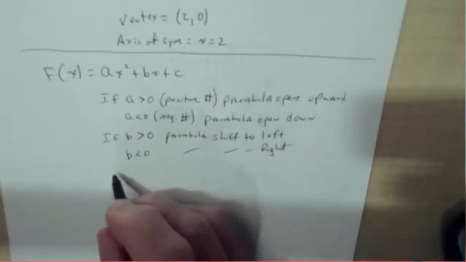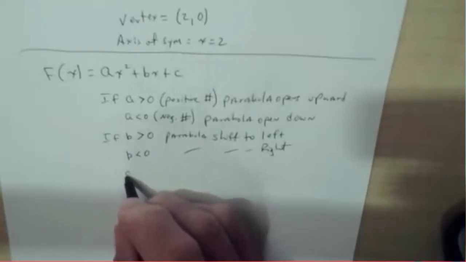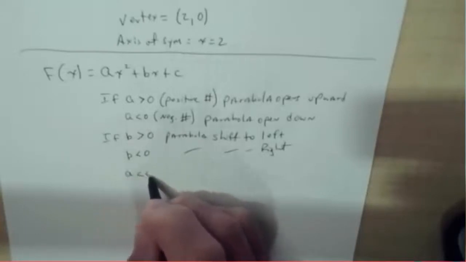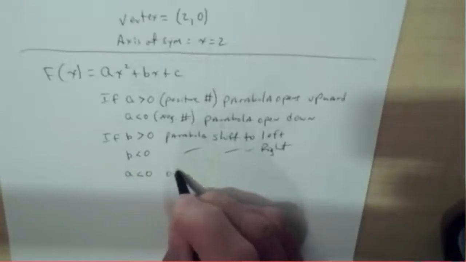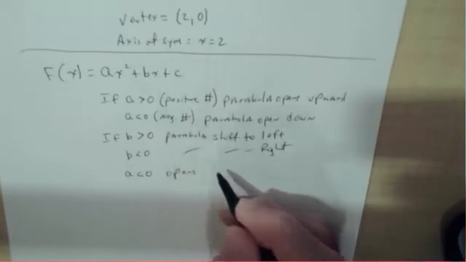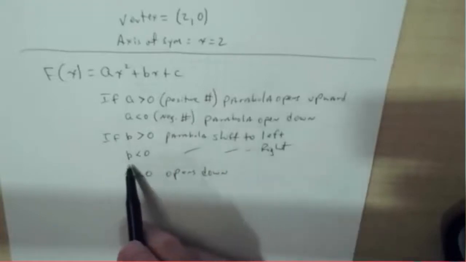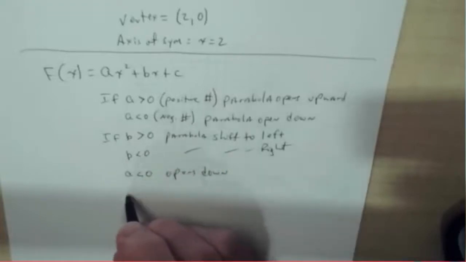Now, remember, if a is less than 0, it opens down. Now what happens to the values of b?